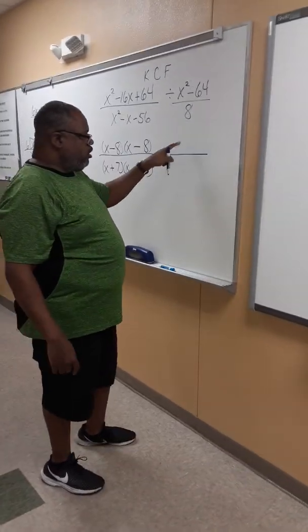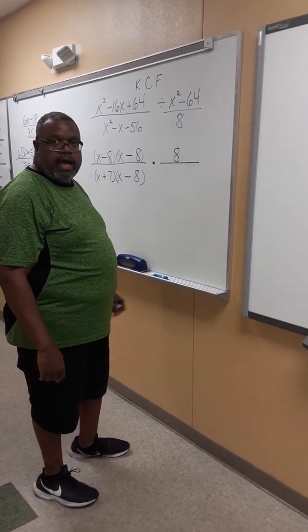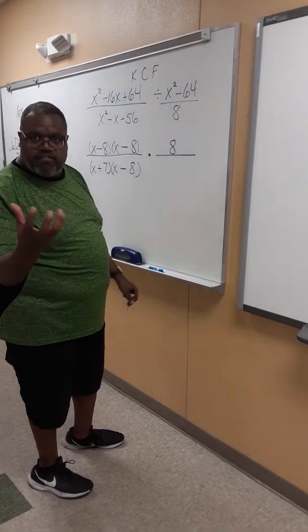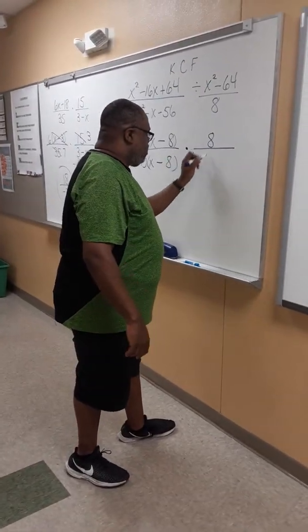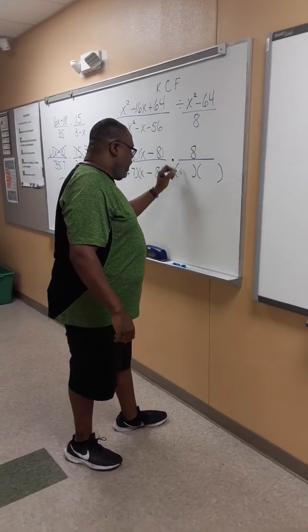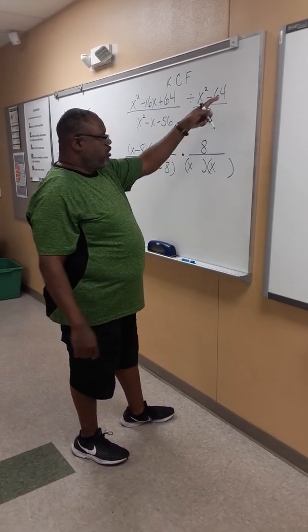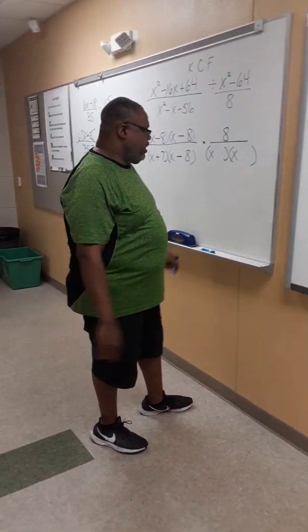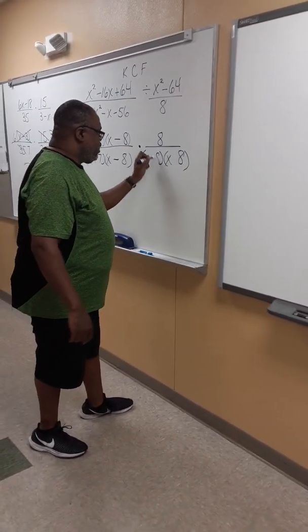So the 8 was on the bottom, now it goes on top. This x squared minus 64, I can factor that. Remember, that's the difference of squares. So x and x. 64 is a square of what number? You guessed it, 8. So it'll be 8 here and 8 here.